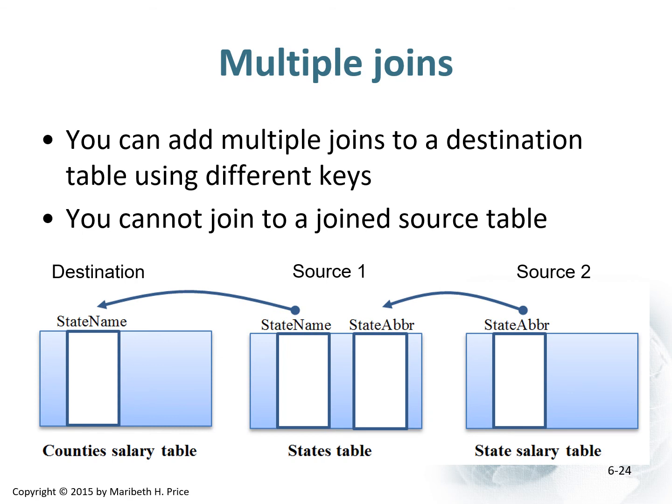Multiple joins can be tricky. You cannot join to a joined source table. I like to think linear and simple. I join dataset A to dataset B, and then I export it and save it as a new dataset, and then I join dataset C to that.